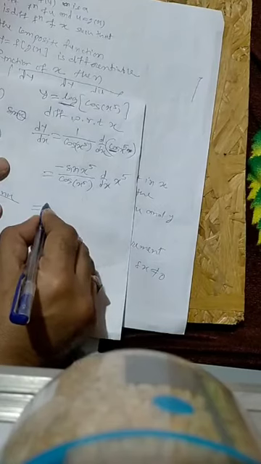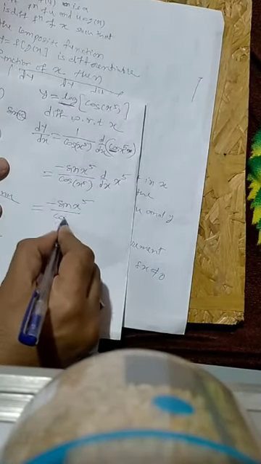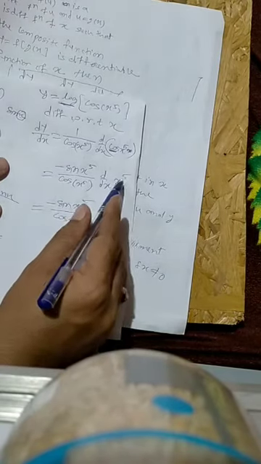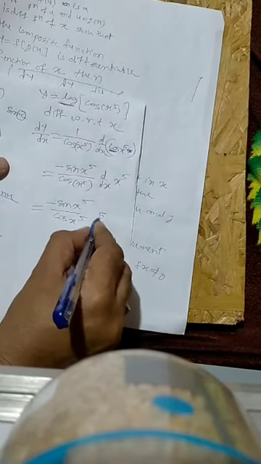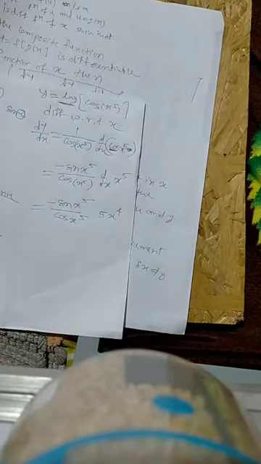So this is equal to minus sine x to the power 5 divided by cos x to the power 5, into the derivative of x to the power 5, which means write down the power and subtract 1 from the power, so 5x to the power 4.